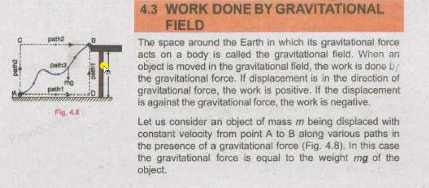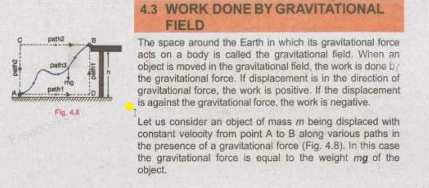So the height is h from the horizontal, the vertical distance of point B from the x-axis or horizontal axis is h. In all three paths, if we see, the work done by the gravitational field is up to the height of h. Whether we move from A by path 1 or path 2 or path 3, our height is h.